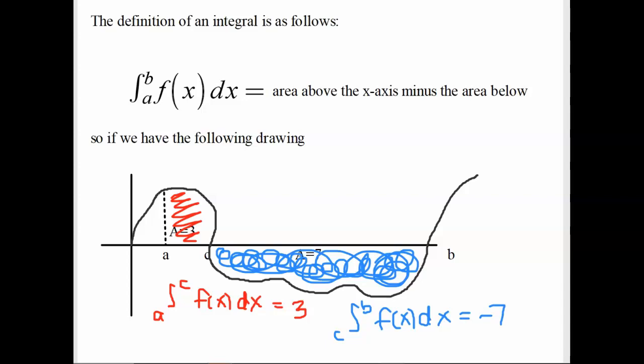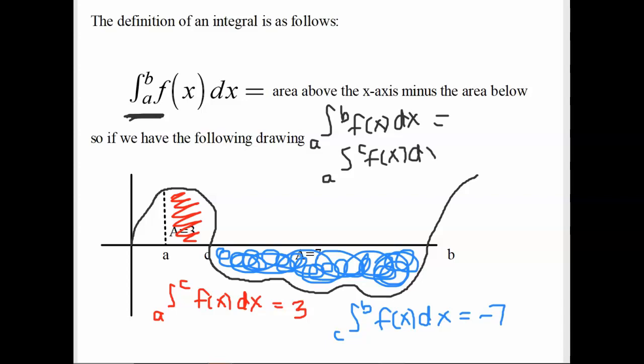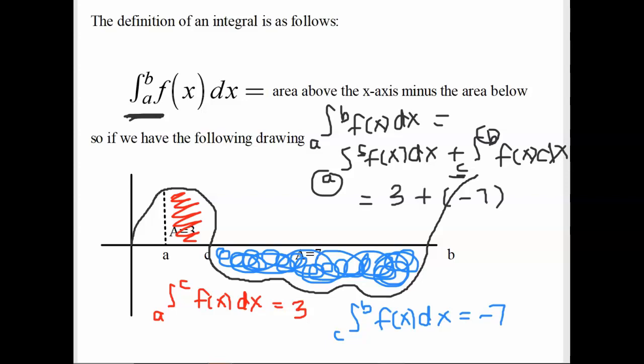So this is asking me to find the area from A to B. The area from A to B will be the area above minus the area below, because the integral from A to B of f of x dx would be equal to the integral from A to C of f of x dx plus the integral from C to B, so that I can get rid of the C in the middle, so that it's really like A to B, which would be equal to +3 plus -7, or -4.